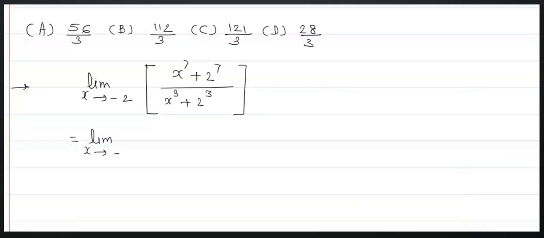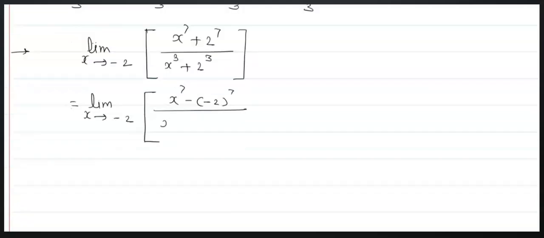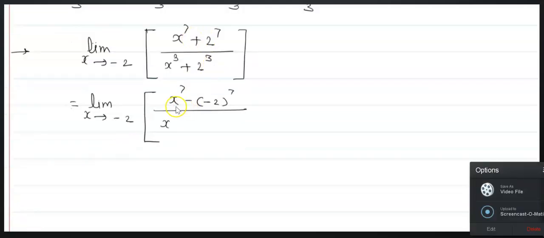Now it can be written as x raised to 7 minus (minus 2) raised to 7. If we simplify this, minus and minus will become plus.